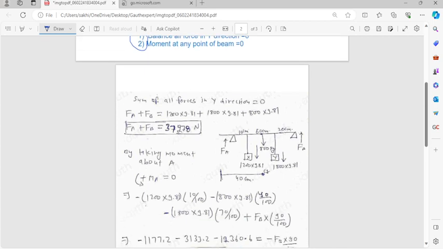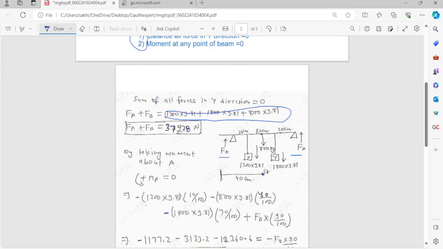Three forces, 800, 1200 and 1800, are acting downward, which are balanced by FA and FB. So we can write FA plus FB upward, which is balancing these three forces acting downward.